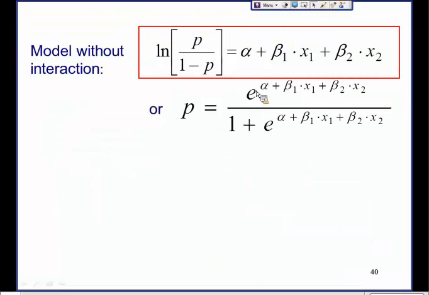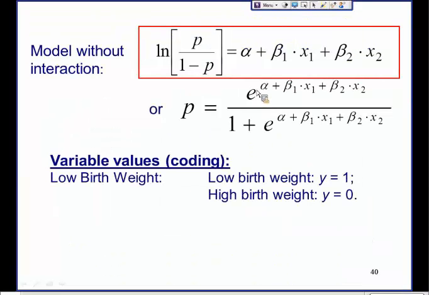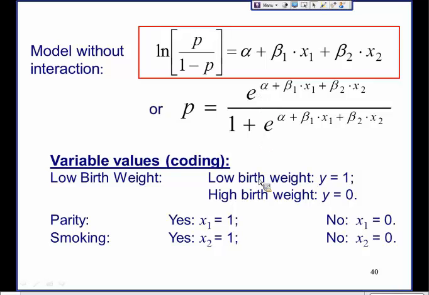Okay, and this is just the coding. Low birth weight is coded as 1 for low birth weight, because low birth weight is really what we're concerned about, whether a mother will give birth to a low birth weight baby or not. And then for parity, 1 indicates yes, firstborn, and for smoking, 1 indicates yes, mother smokes.